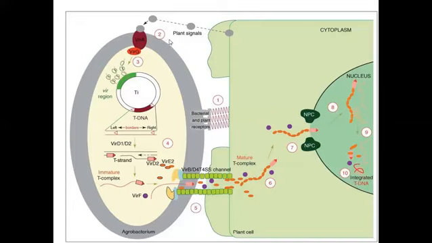When the plant cell signals are received by the virulent A protein, these are present on the Agrobacterium cell wall. The Agrobacterium cell wall contains virulent A protein.